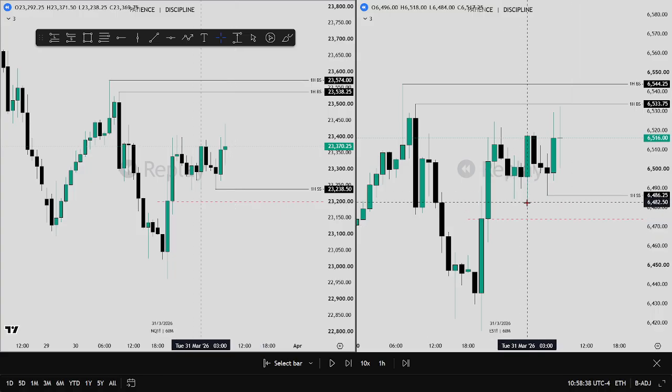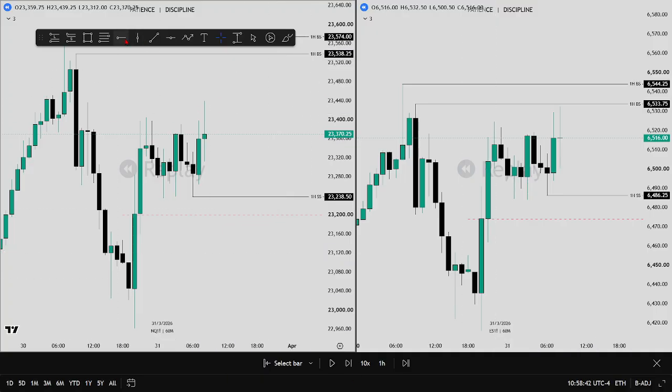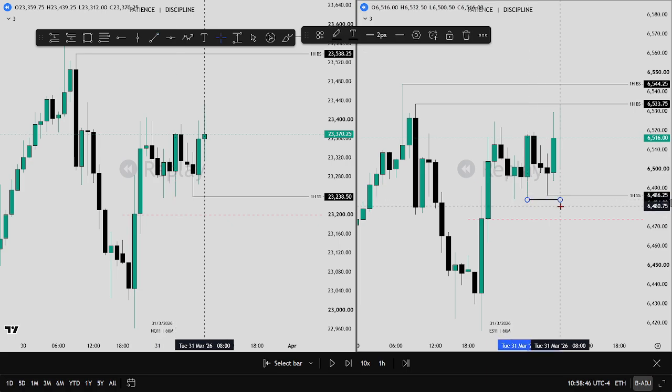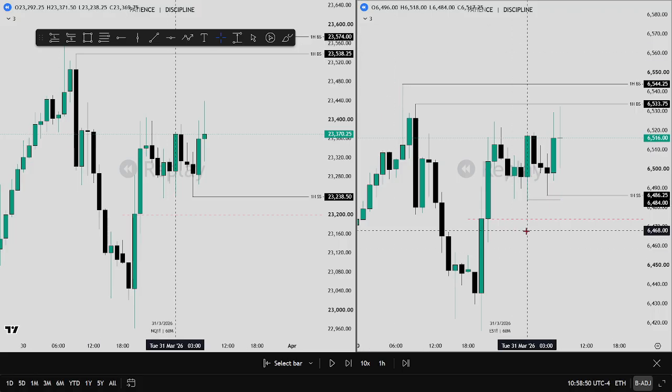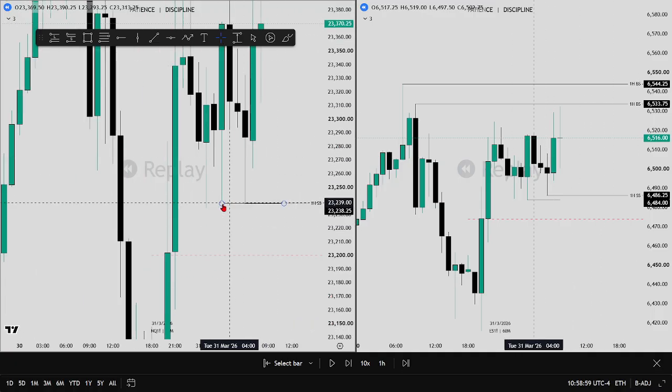But as I just said, if you look at this liquidity here, I think this is a virgin swing low, which was around 3 o'clock. Now, if you go to mark the same thing here, you can see it's creating relatively equal lows with 6 o'clock.